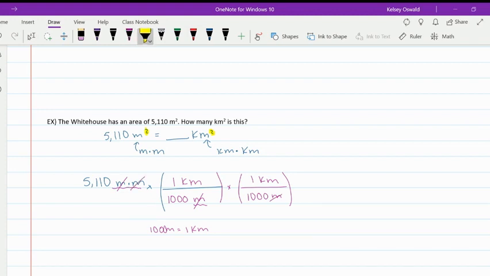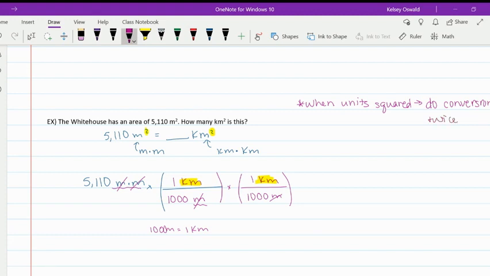Now I can see I'm going to end up with kilometers times kilometers, which gives me kilometers squared. So the key here is that when your units are squared, we need to do that conversion twice to cancel out both of those units.